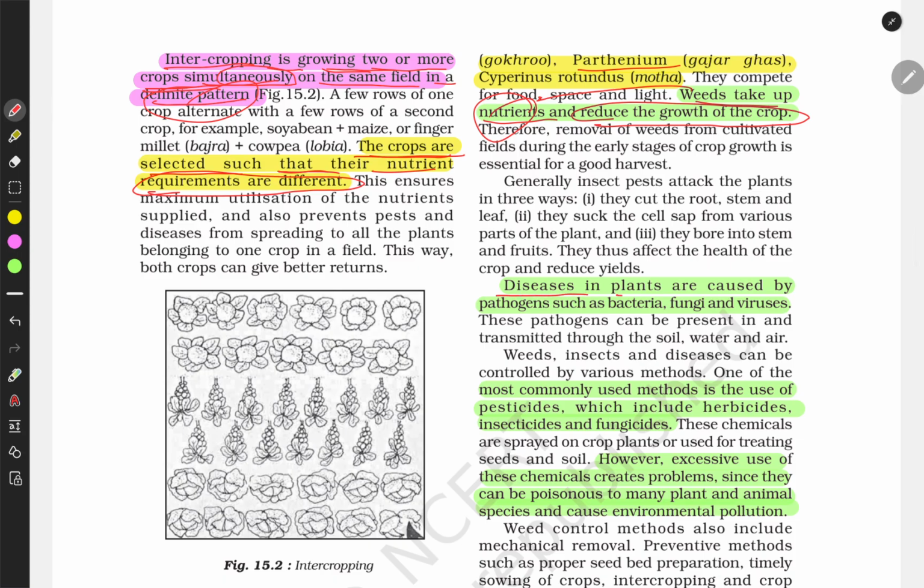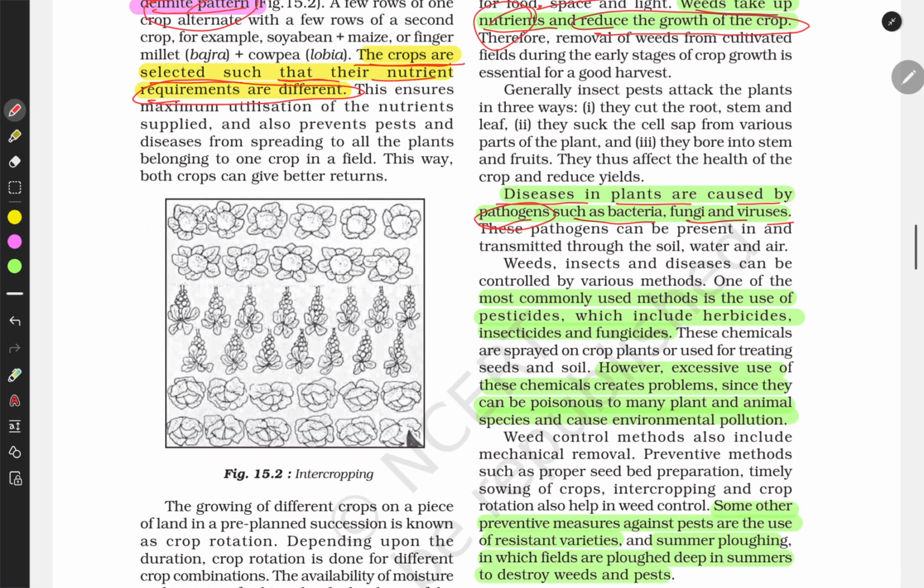And diseases in plants are caused by pathogens such as bacteria, fungi, and viruses. One of the most commonly used methods is the use of pesticides, which include herbicides, insecticides, and fungicides. Herbicides kill herbs, that is, weeds and unnecessary growth.